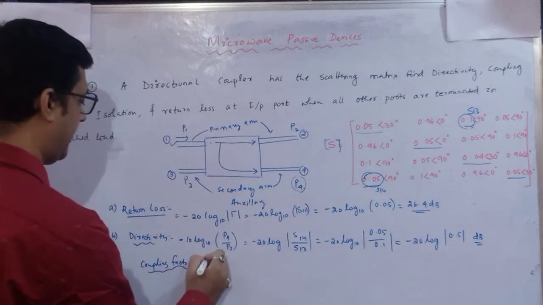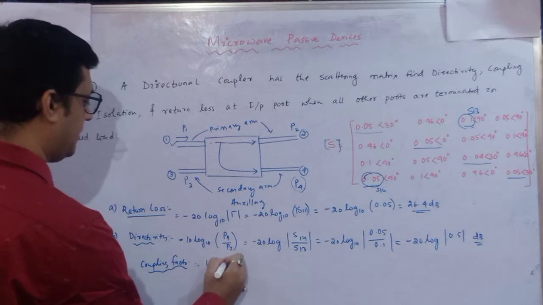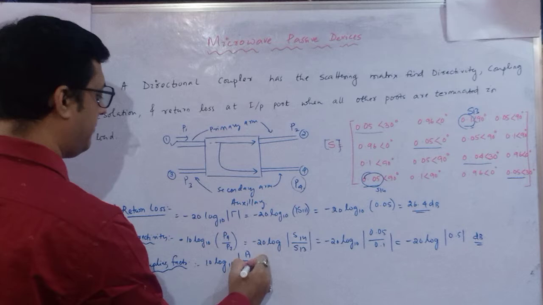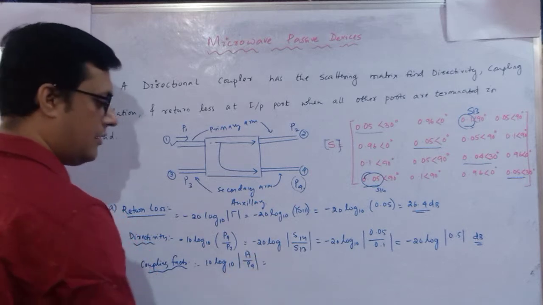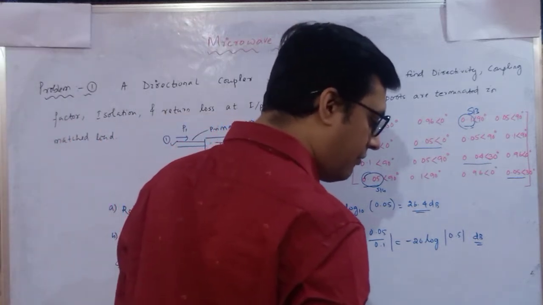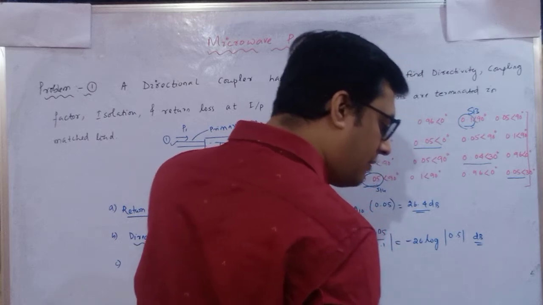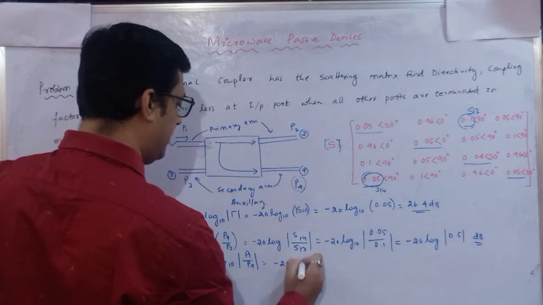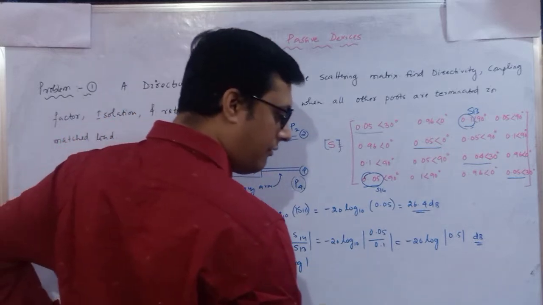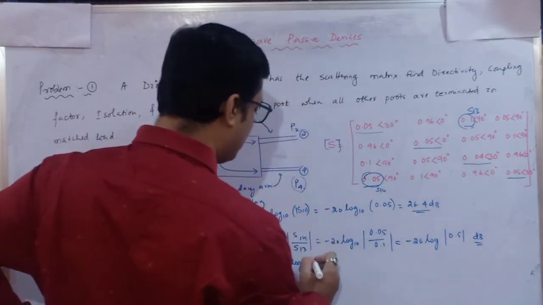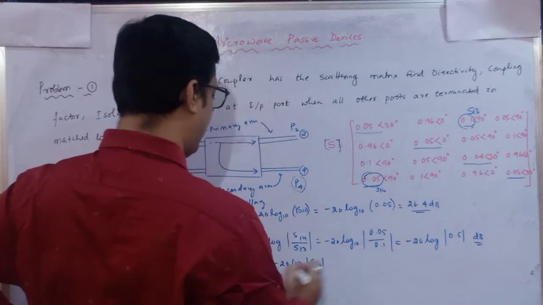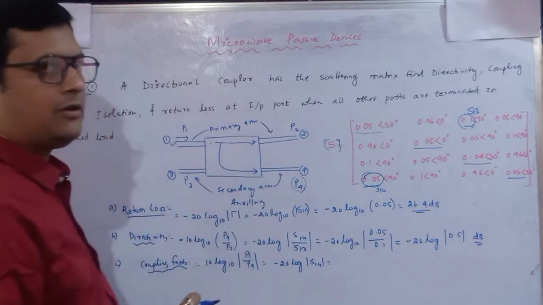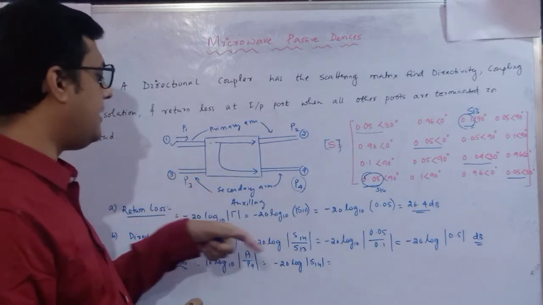Now for the coupling factor, we have the relation 10 log base 10 of P1 by P4, the coupled power. So the coupling factor is P1 by P4, and we will have minus 20 log mod of S14. P1 is coupled with respect to P4, so we will have S14.